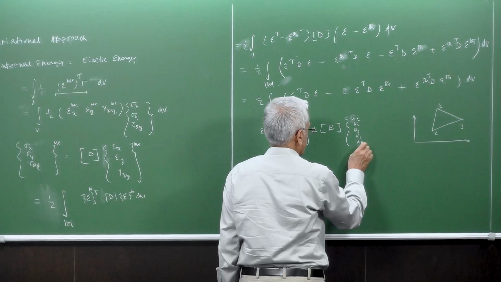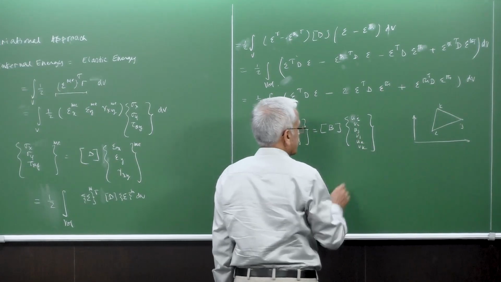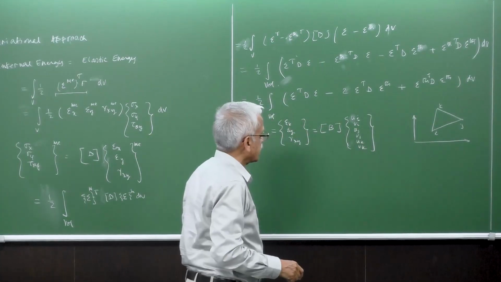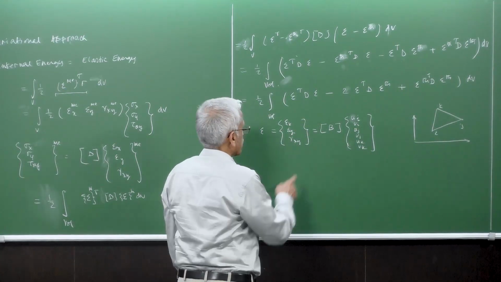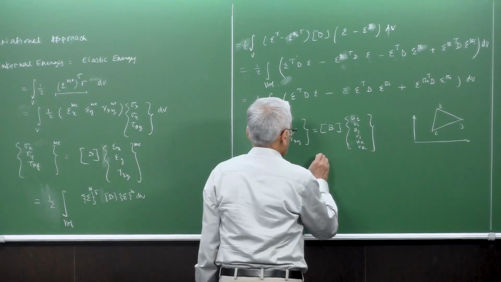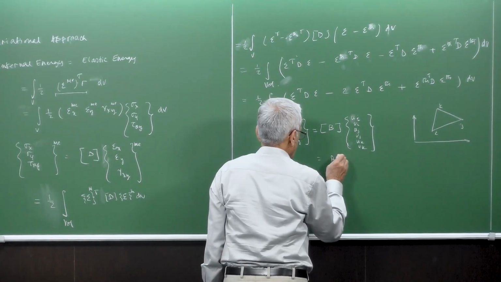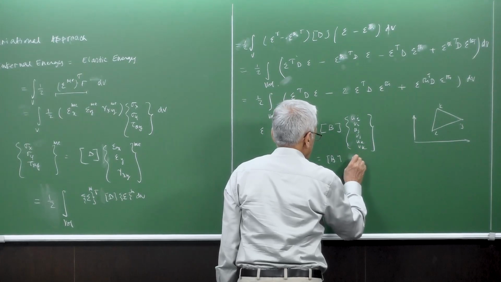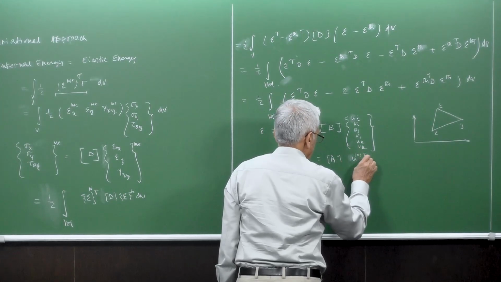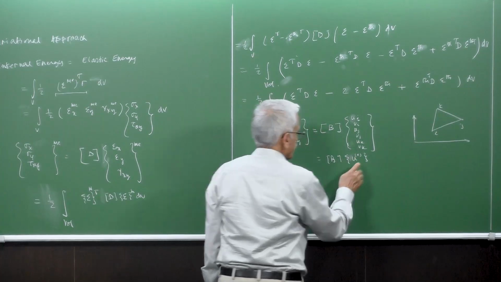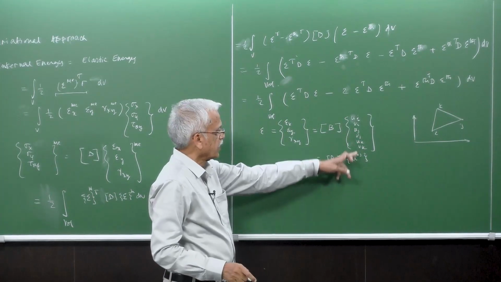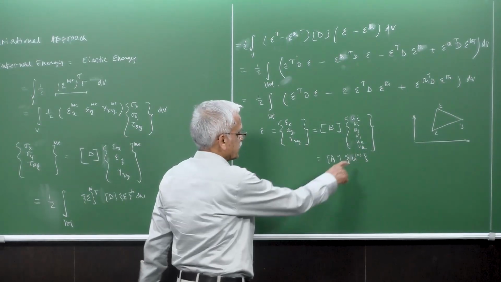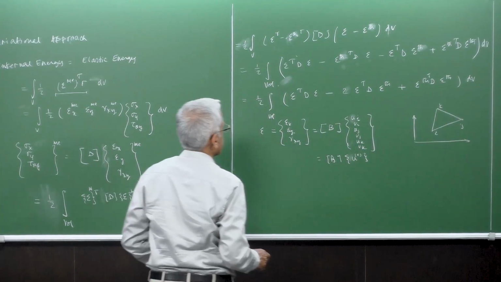Just for convenience, I'm writing it for a three-noded triangle. These are nothing but the nodal displacements. So B times this, and this is all the nodal displacements of the element. So you simply write it as UE.